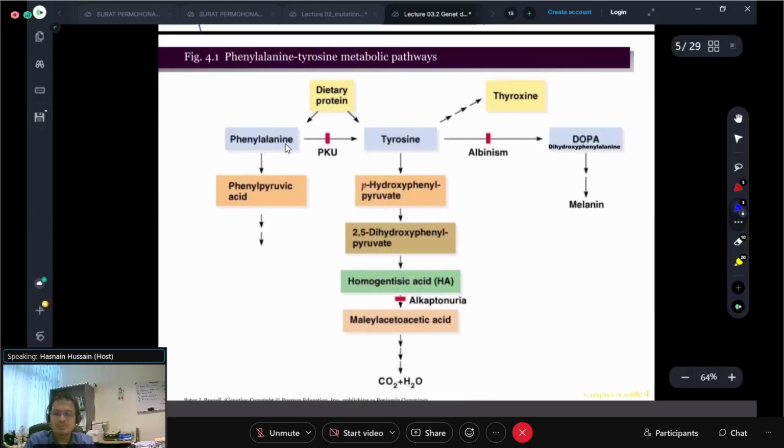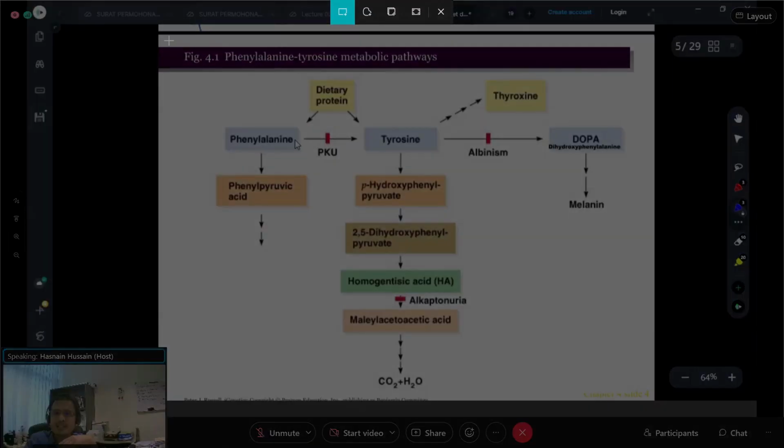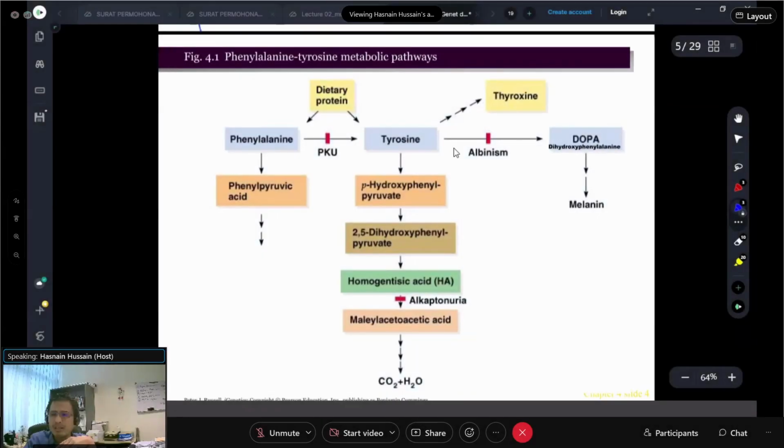Okay, so this phenylalanine tyrosine metabolism is quite important in humans, in the eukaryotic system, especially you can see in humans, because of this phenylalanine tyrosine and the pathway related to it, you can see that from one amino acid, sometimes you require several different enzymes to reach a certain end product.